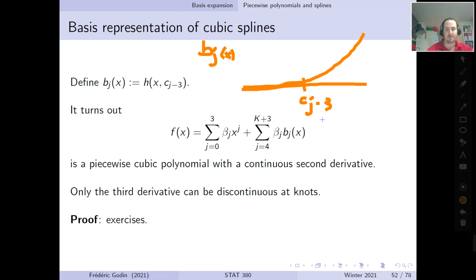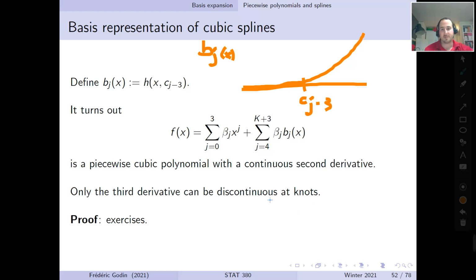If you define the function like this, it turns out that this function is a piecewise cubic polynomial with a continuous second derivative. The only derivative that can be discontinuous at the knots is the third order derivative. For derivatives of order 1 and 2, you have continuous derivatives.